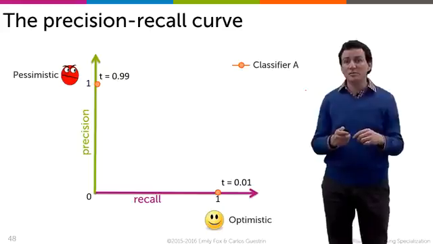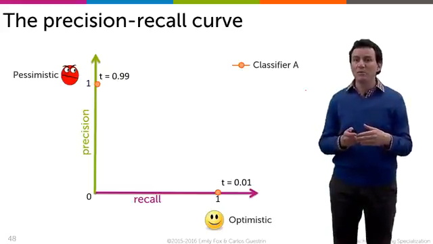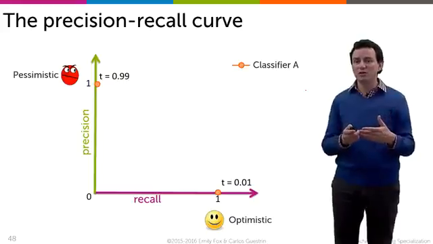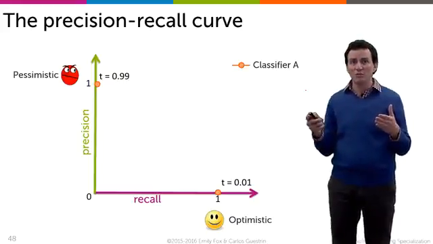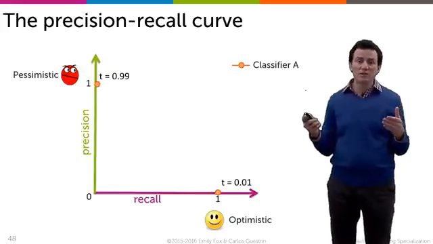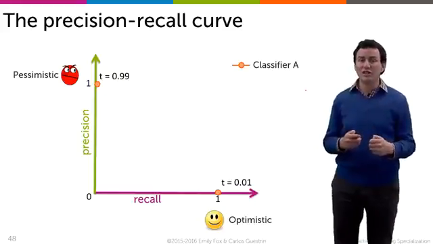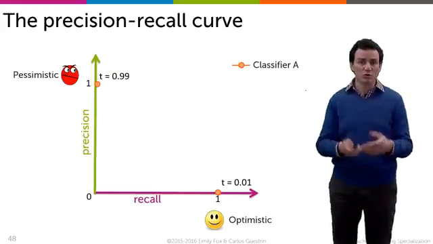On the other extreme of the precision recall curve, the point on the bottom there is the optimistic point, where you have very high recall because you're going to find all the positive data points, but very low precision because you're going to find all sorts of other stuff and say that's still good. And that happens when t is very small, close to 0.